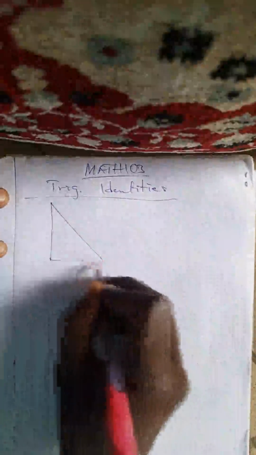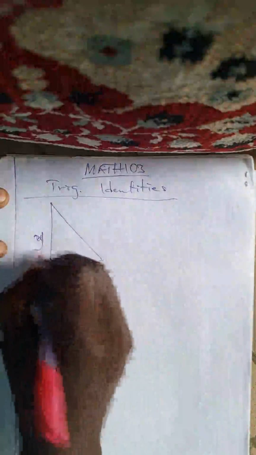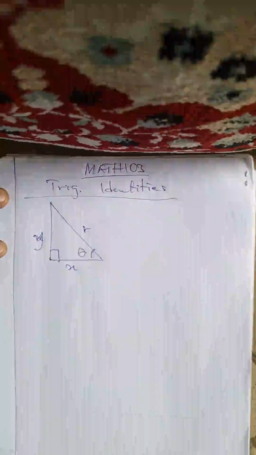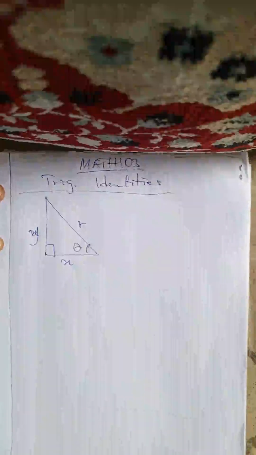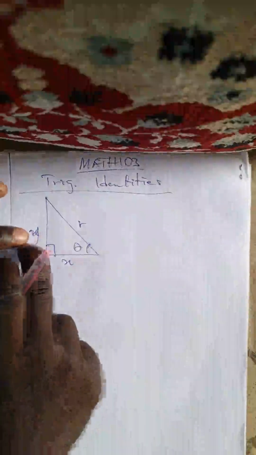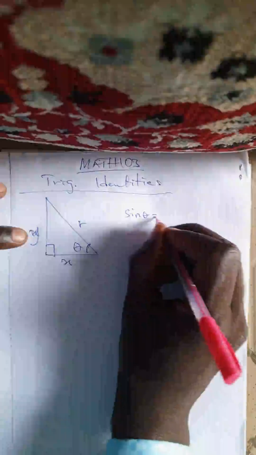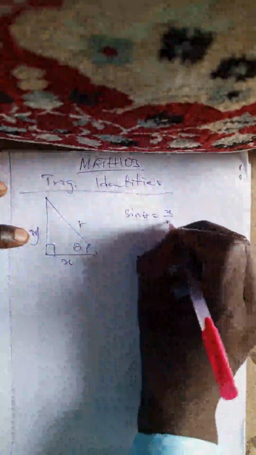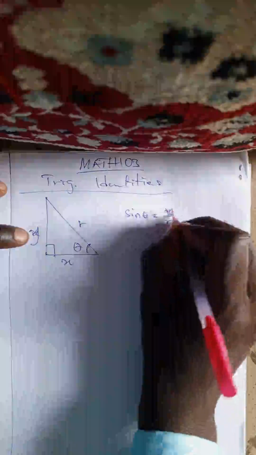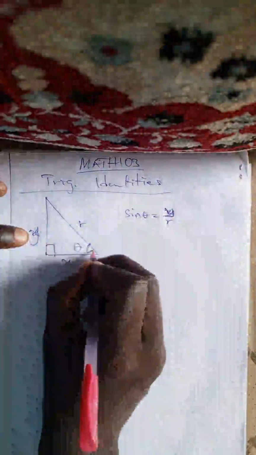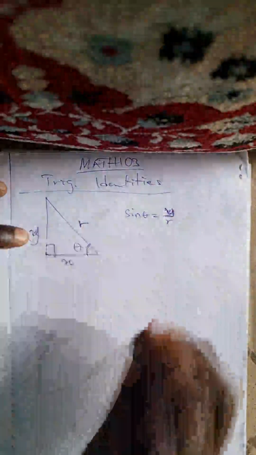Let's look at this. This is x, this is y, this is x, and this is r. And then theta is here, a right angle triangle. So based on this, we know that sine theta is equal to opposite over hypotenuse, which is y over r, because y is opposite to theta, and r is the hypotenuse.